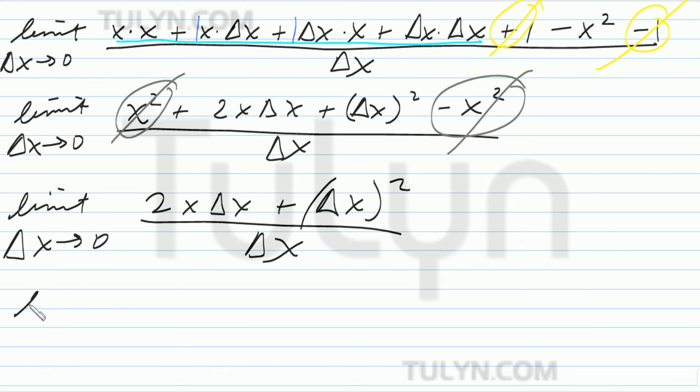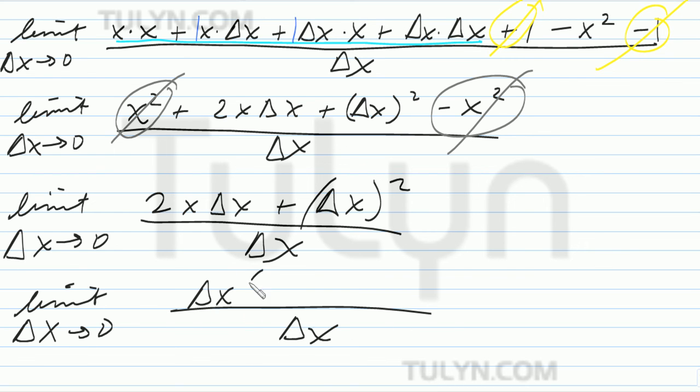So then the limit as delta x approaches 0, you're going to factor out delta x in your numerator, leave delta x in your denominator. Delta x times what gives me 2x delta x? 2x, right? And then delta x times what gives me delta x squared?